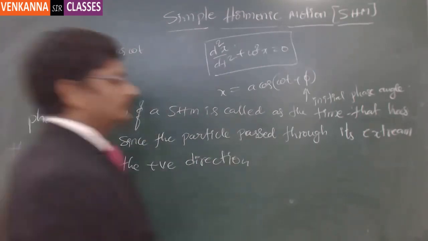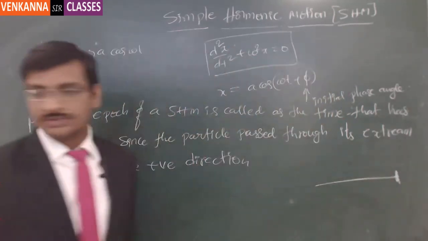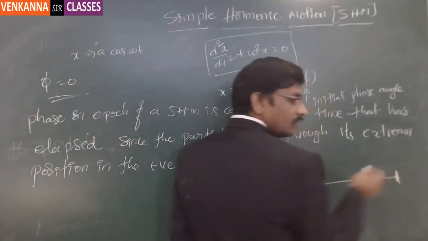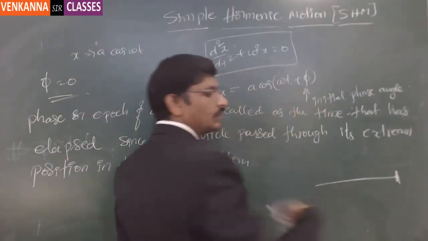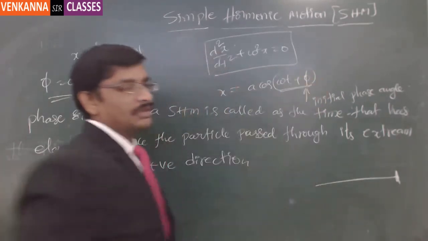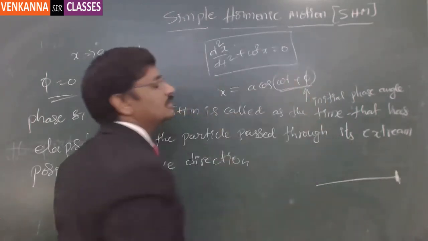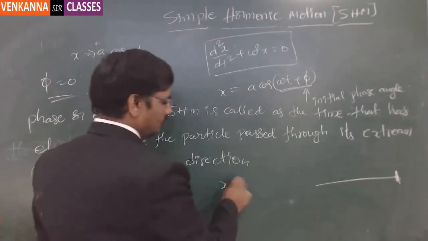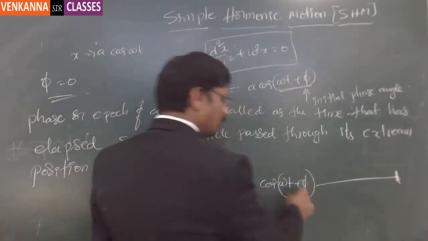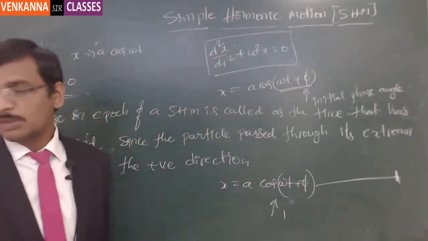So by definition, suppose this is the extreme position in the positive direction. Initially when it crossed this point, from there you start counting the time, that is, in this equation t keeps on increasing. Now the extreme position can be met only if this value is maximum. That means x is equal to a cos(omega t plus phi) is maximum only when the cosine value is 1, that is the maximum possible value.